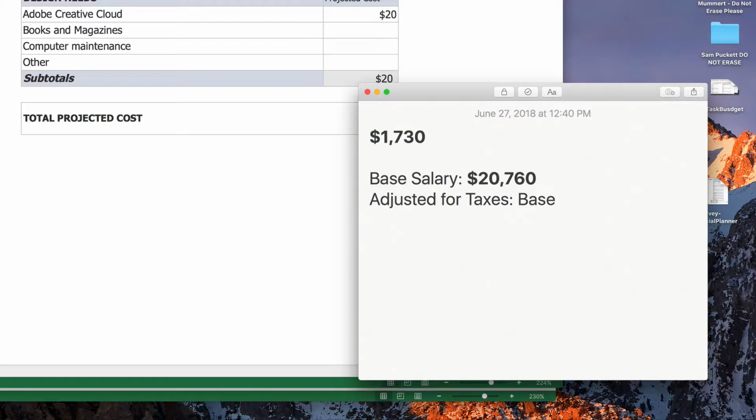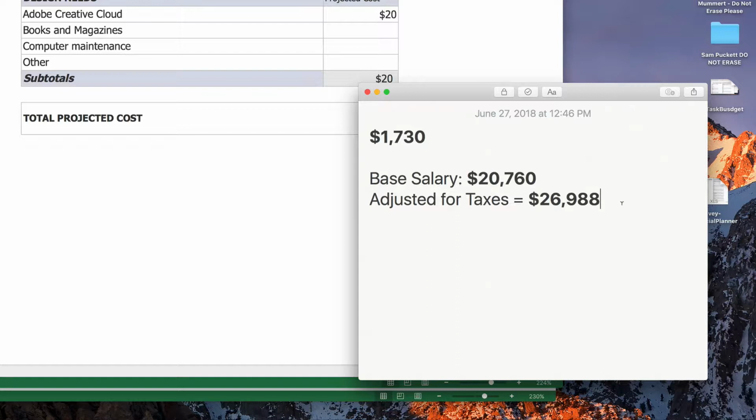Now let's adjust for taxes. We want to multiply our base salary times 1.3 to increase the number by 30%. So in my example, my base salary adjusted for taxes has now become $26,988.